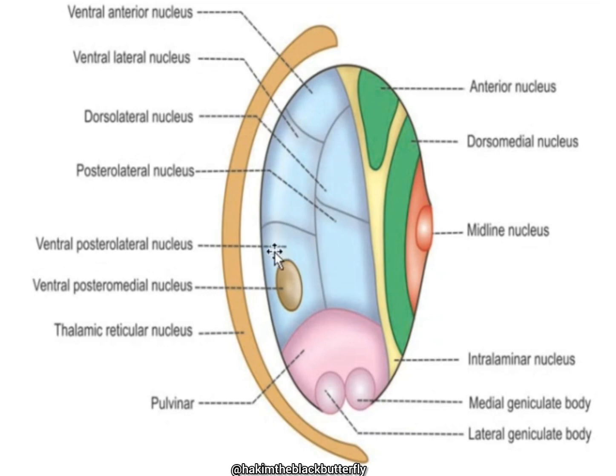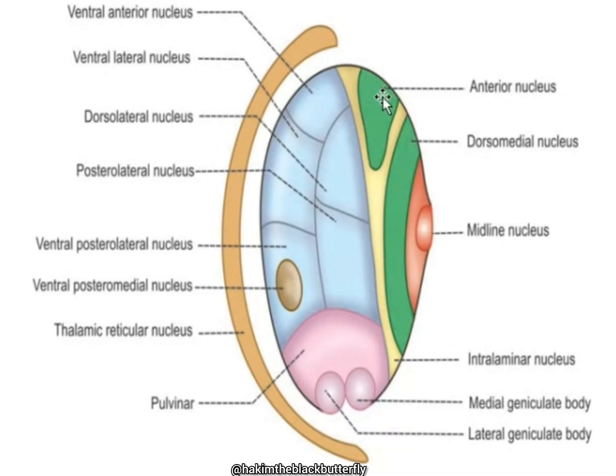Then we have the ventral posterolateral. Deep to it we have the ventral posteromedial. These are the ventral nuclei. These are the dorsal nuclei. Dorsal means above, ventral means below. And all of them are part of the lateral mass of thalamic nuclei.